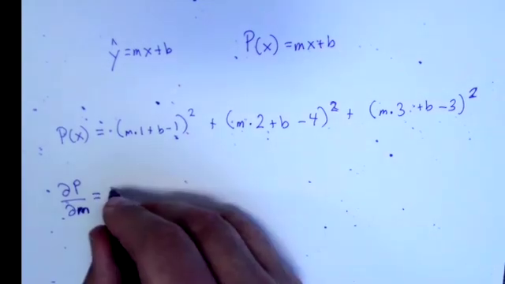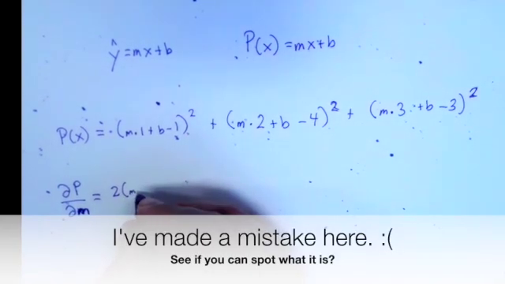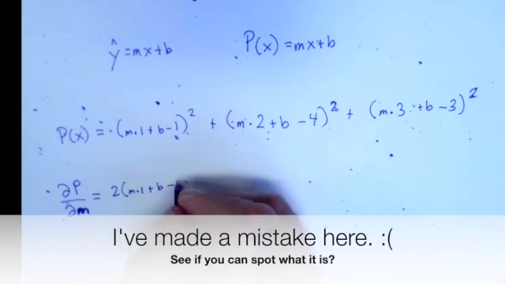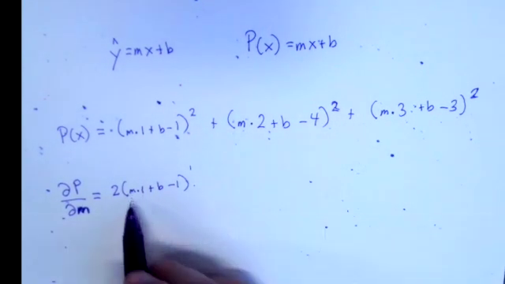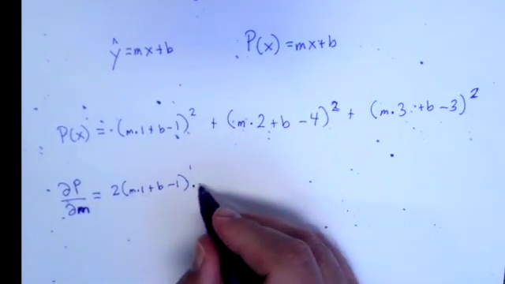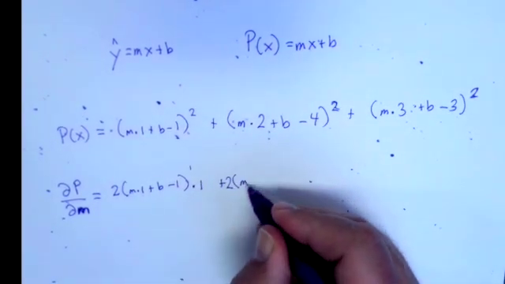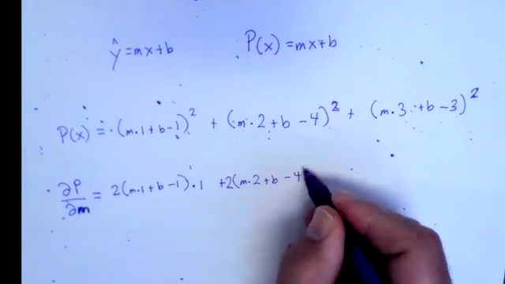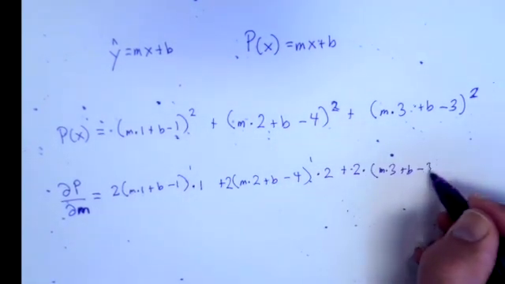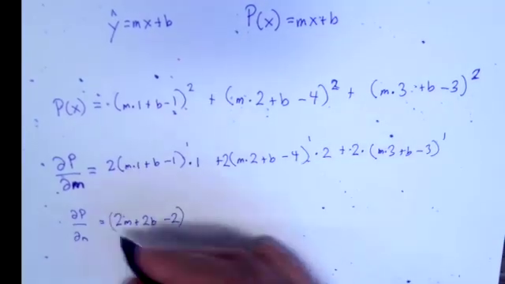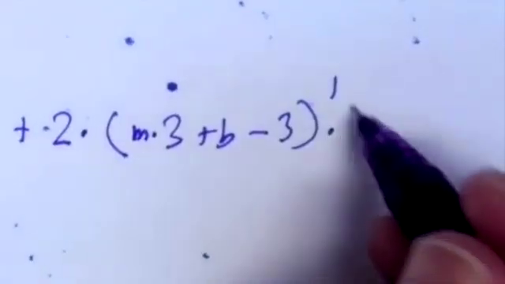It's really important. It's going to be 2 times (m times 1 plus b minus 1) raised to the 1. And then I'll have to do the chain rule, so I get that times the coefficient on m, plus 2 times (m times 2 plus b minus 4) to the 1 times 2, plus 2 times (m times 3 plus b minus 3) to the 1 times 3. Definitely am. Thank you for catching that.